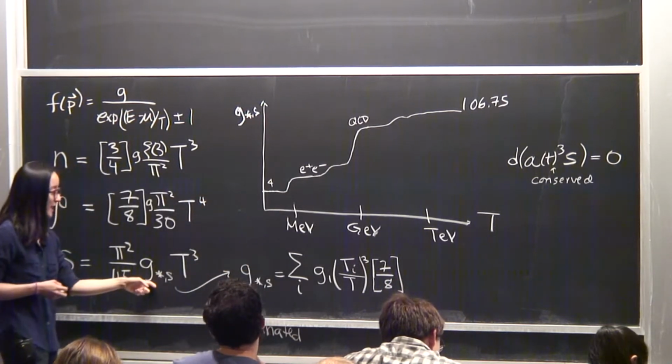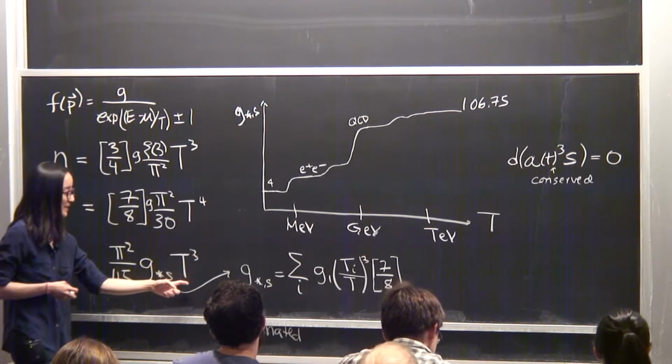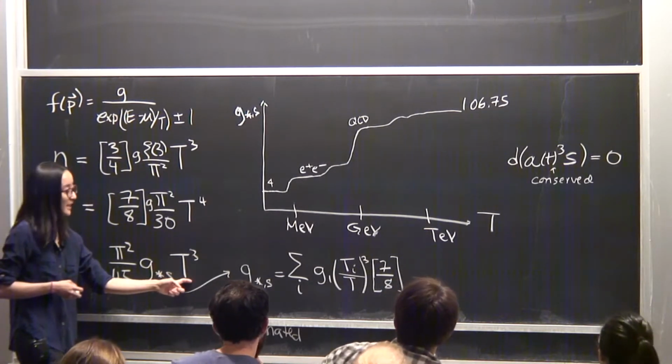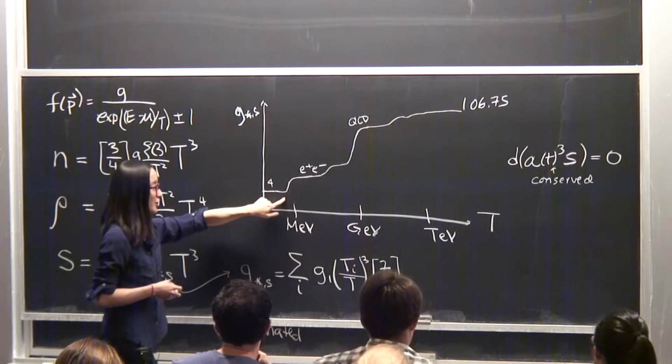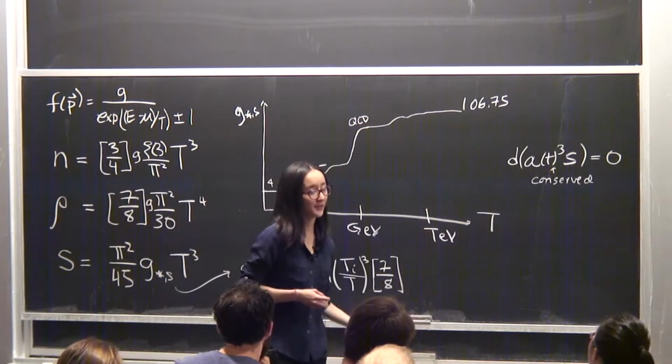And at each of those steps, g-star changes, and so we have to remember that the temperature does not just redshift across that transition, there's also a change in temperature such that the total entropy is conserved.